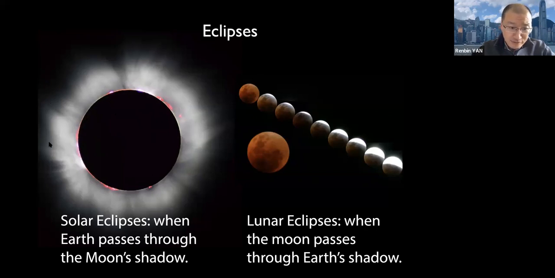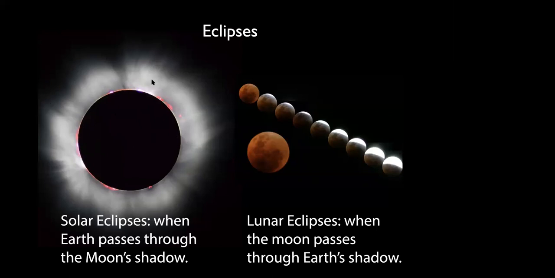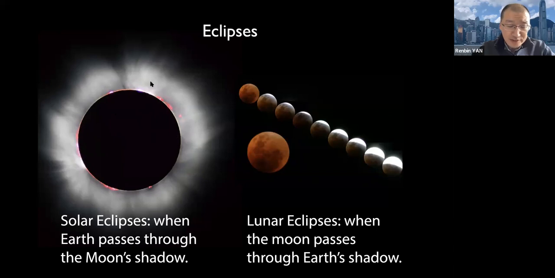You see these feather-like structures around the sun, and these are the corona of the sun. This is the upper atmosphere of the sun. It is actually much, much dimmer than the disk of the sun. Usually when the round disk of the sun is not blocked, we will not be able to see the corona.